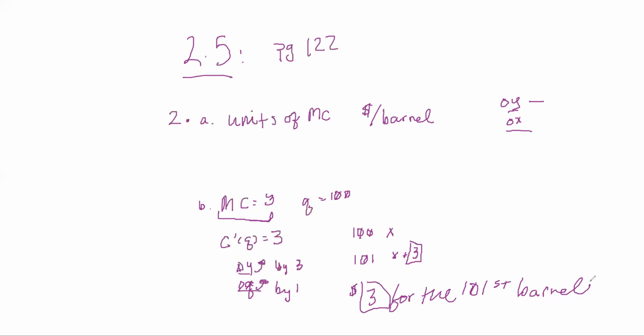So this is the function C of Q. So if I change the amount of barrels I make, I change the cost of making that many barrels. In this case of olive oil, but that kind of sentiment applies.